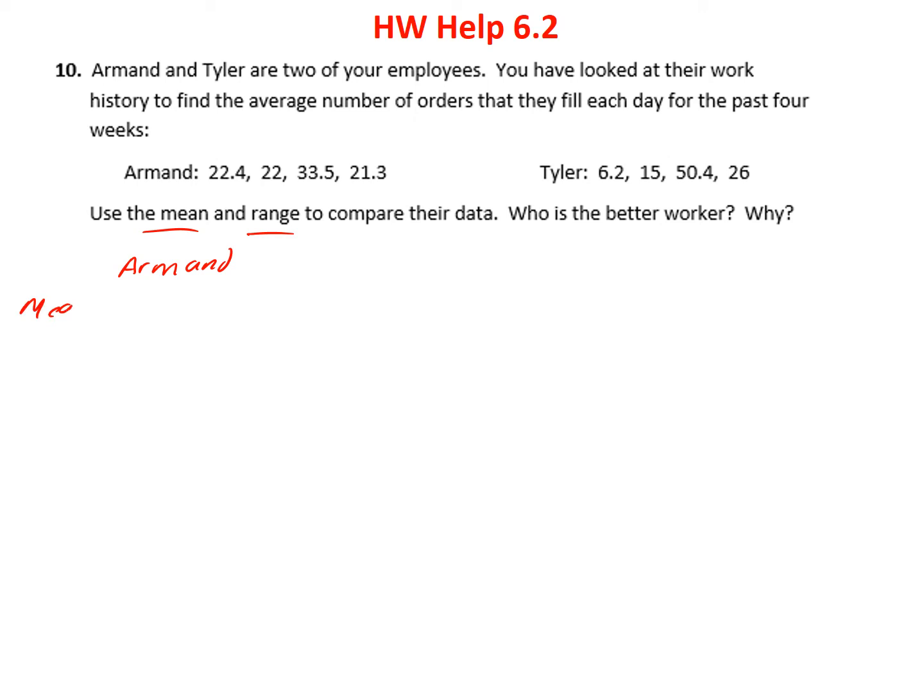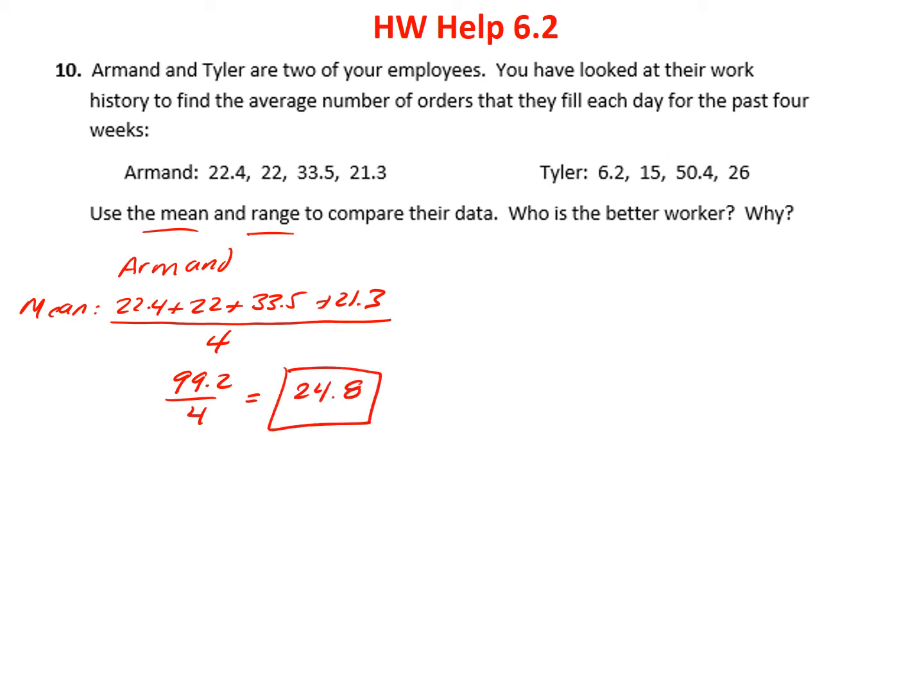His mean, we'll add these together: 22.4 plus 22 plus 33.5 plus 21.3, divided by, there's 4 pieces of data, so divided by 4. So this adds up to 92.2 divided by 4, which equals 24.8.